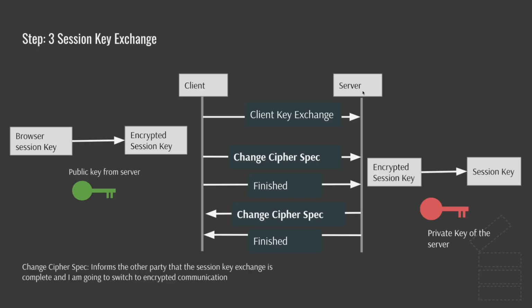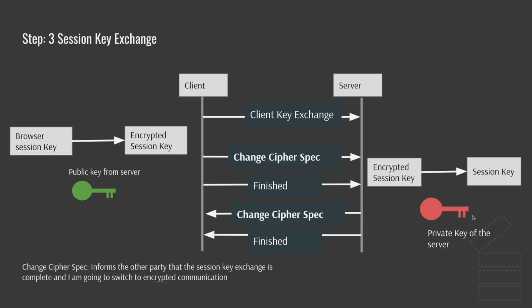So now the server, which has access to the encrypted session key, decrypts it using its private key. This process of encrypting and decrypting using a public key and a private key is called asymmetric encryption and decryption.